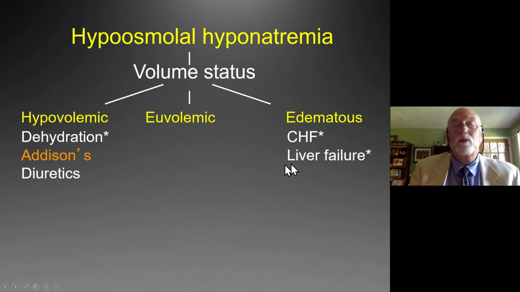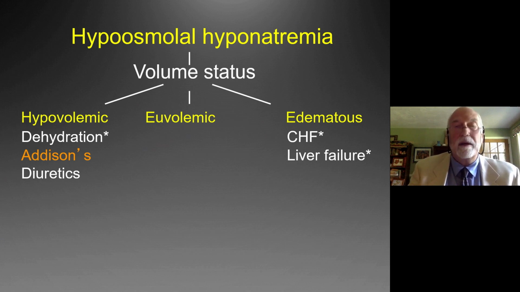Edematous conditions, where we have a hypoosmolar hyponatremia, are seen in conditions of an underfilled arterial circulation. So these are the pathologic conditions where there's decreased perfusion to the kidneys and other organs due to either heart failure or liver failure. And this will stimulate ADH as a volume compensatory mechanism at the sacrifice of osmolality.